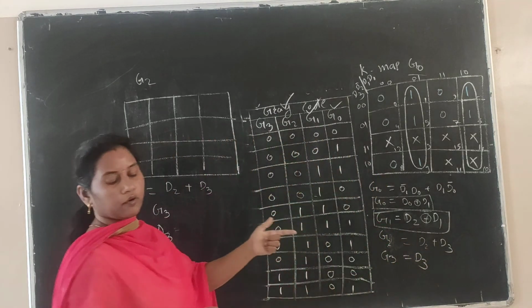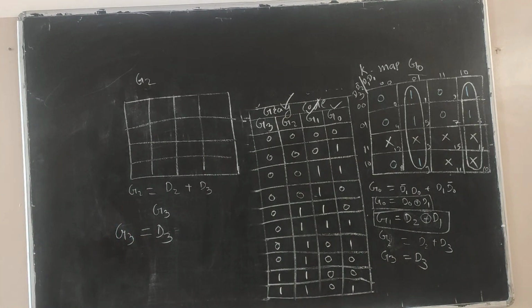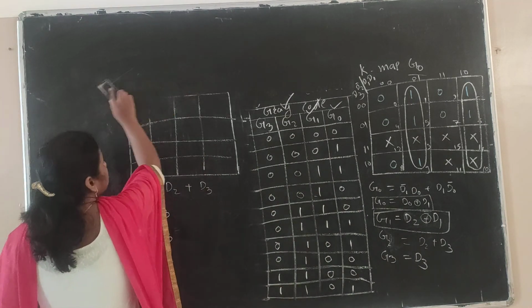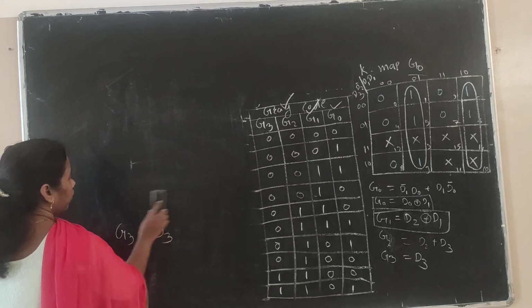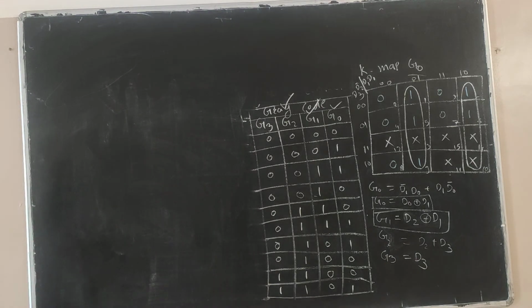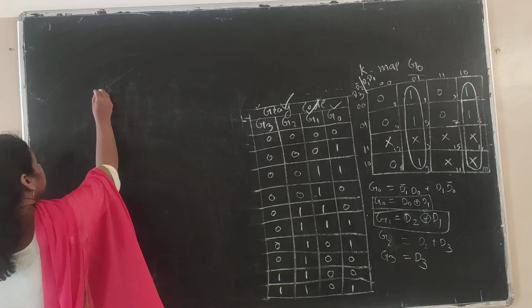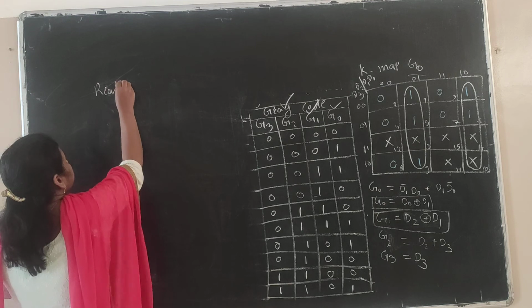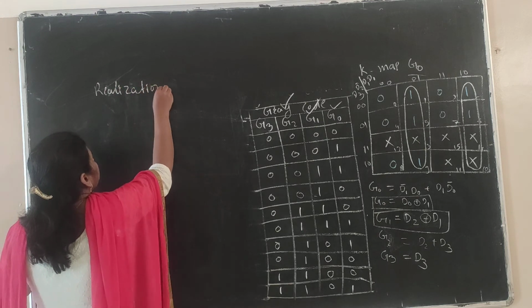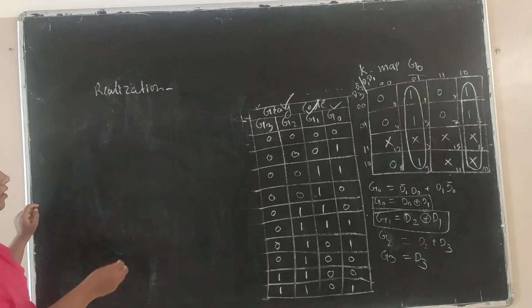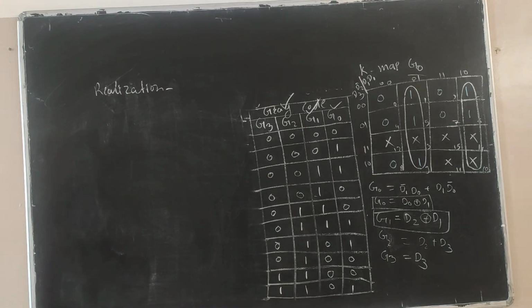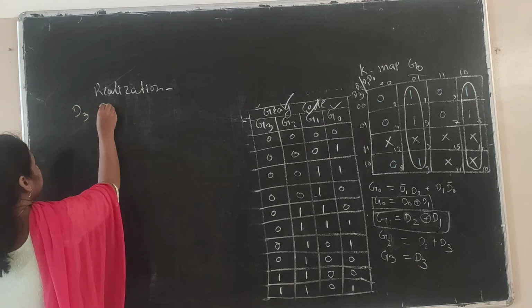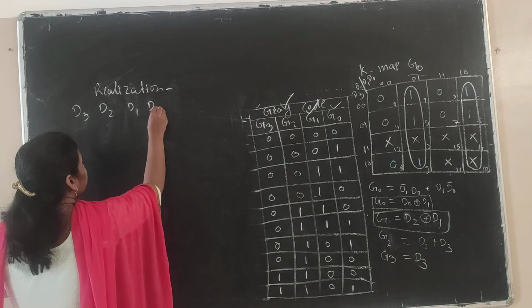Now realization of all these equations. There is a realization of all these equations like that. We can draw the diagram by using this as D3, D2, D1, D0.